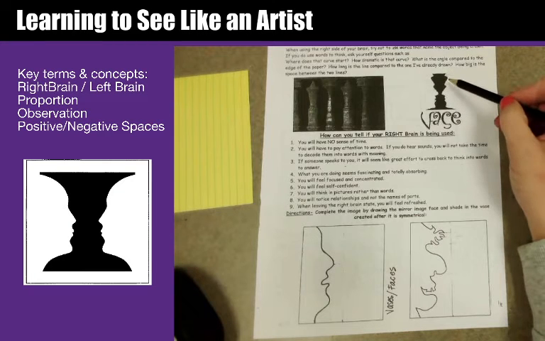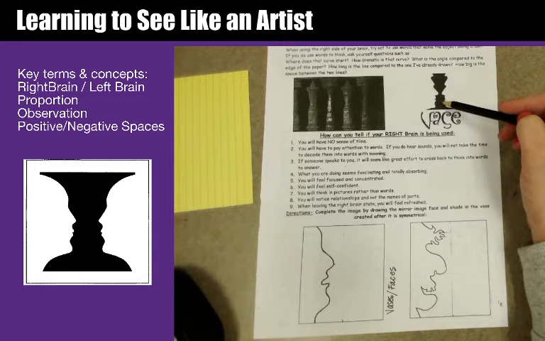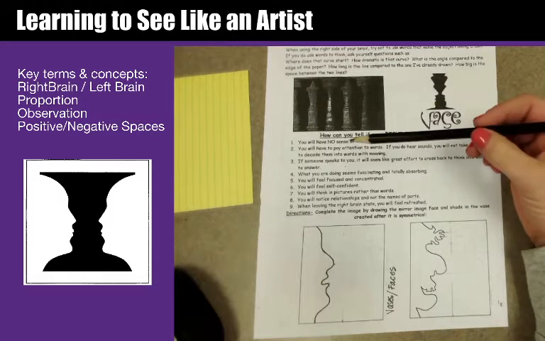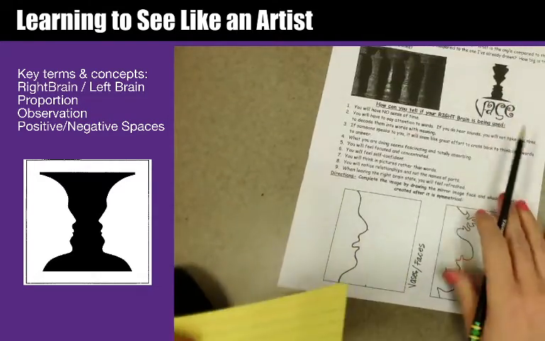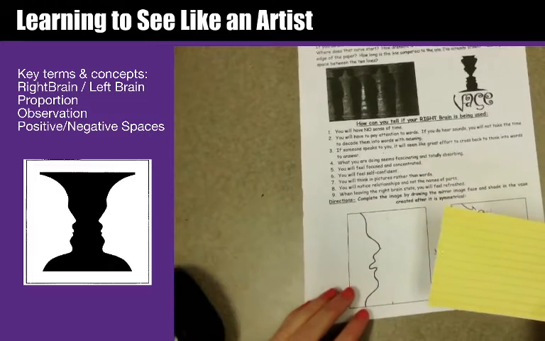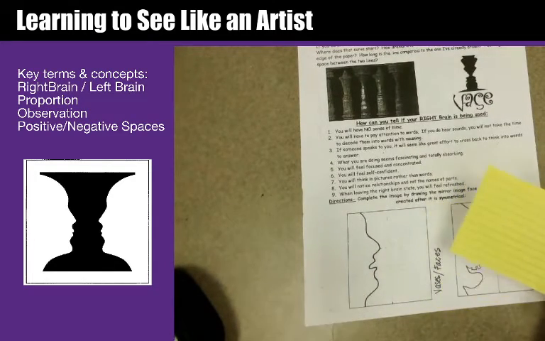If we look at the negative space, if we look at the positive space, we see what would look like a symmetrical vase. So what you're going to need for this is a pencil, an eraser, a note card, or you can use your ruler. It's not that we're measuring, it's that we're just using it to line things up.